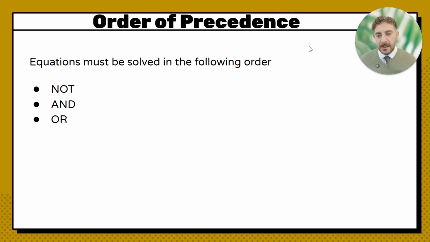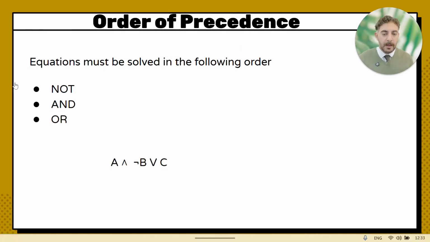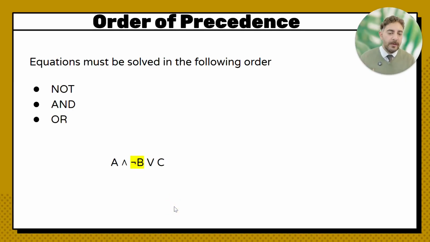Okay, so something to consider is the order of operations. So when we look at our logic circuits and our logic equations, we have to decide what the precedence is, what must go first when we're working out what an equation looks like. So let's say I was to have an equation like A and not B or C. In this case, because a not goes first, the first thing we're going to do is work out that the not B input must be inverted.